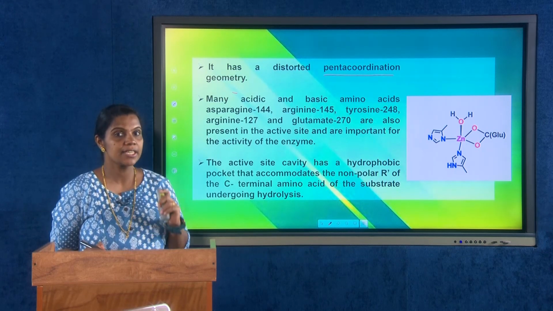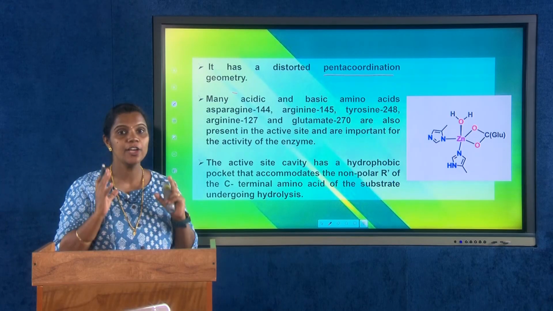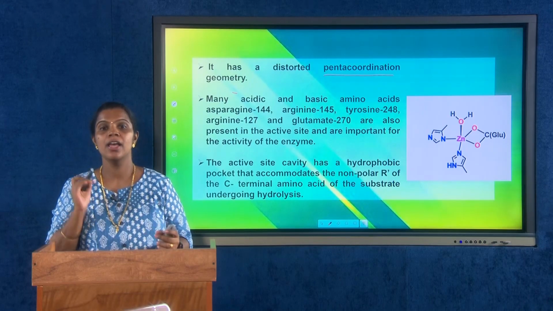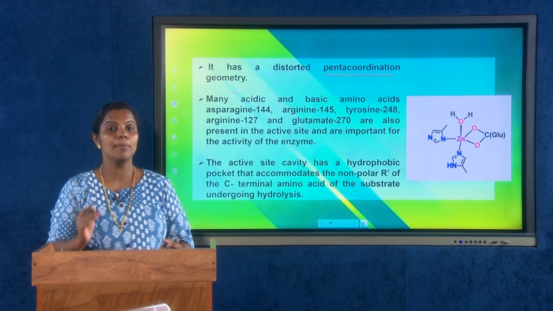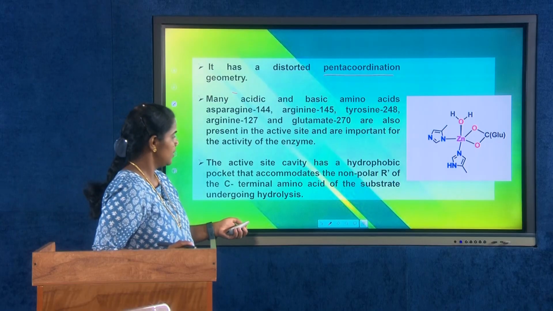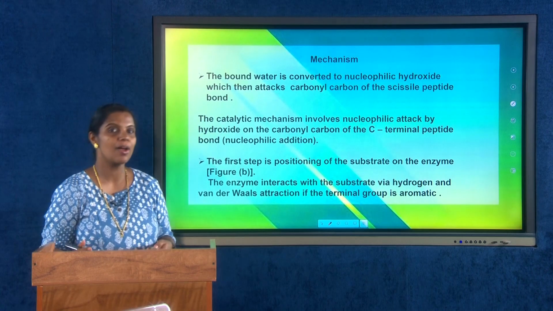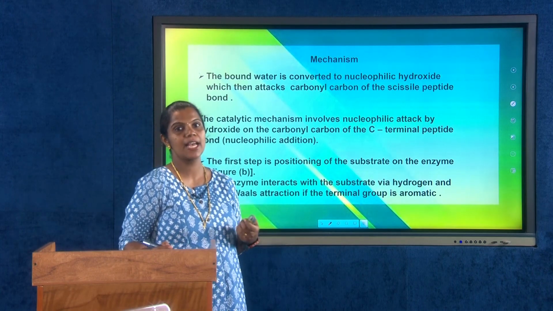The active site cavity has a hydrophobic pocket that accommodates the non-polar R group of the C-terminal amino acid of the substrate undergoing hydrolysis. This shows the mechanism of hydrolysis of the polypeptide by the carboxypeptidase enzyme. Mechanism of the carboxypeptidase enzyme hydrolysis.